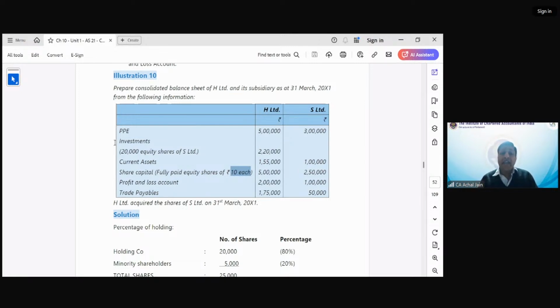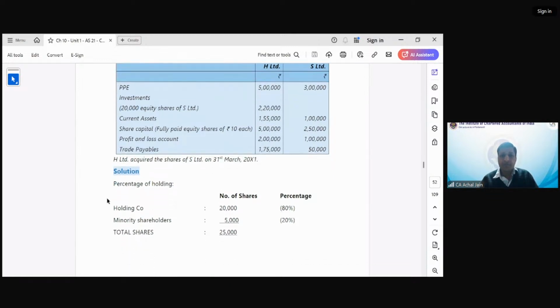And if you look at H Limited, it says H Limited has investment in S Limited. 20,000 shares of S Limited are held by H. So out of 25,000, 20,000 are held by H. So therefore, what is going to be the percentage holding of H?